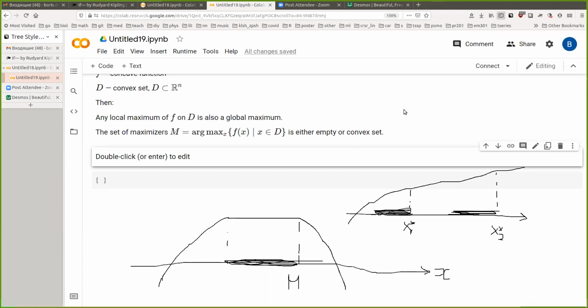D is a set, not a function. F is a function. F is concave, but D is a set. So there are only convex and non-convex sets. Functions can be concave, non-concave, convex, non-convex, but D is a subset of our space. It's a region in our n-dimensional space.